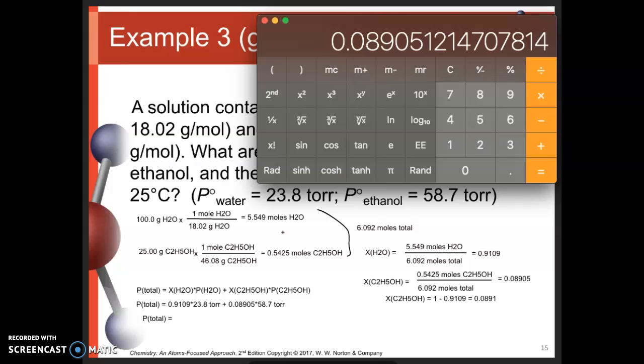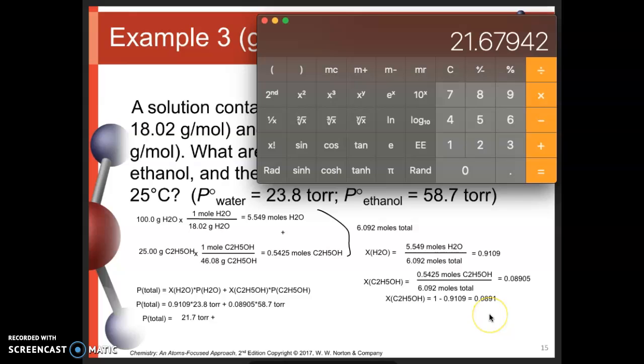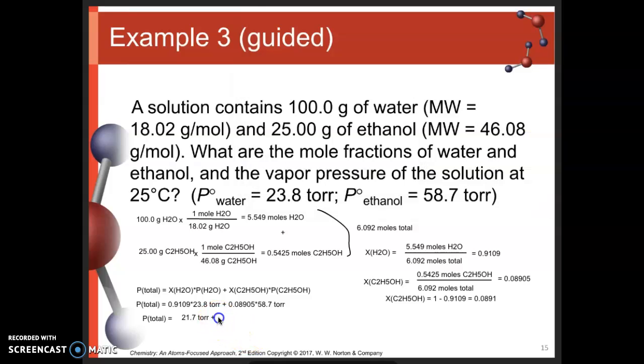Let's start putting some numbers to this. 0.9109 multiplied by 23.8, to three significant figures, would give me 21.7 torr. 0.08905 times 58.7, to three significant figures, would give me 5.23.